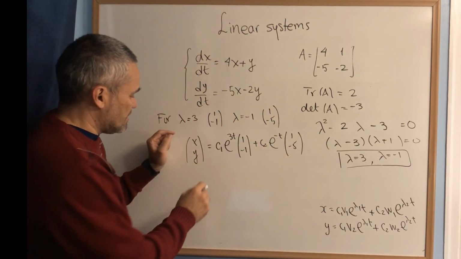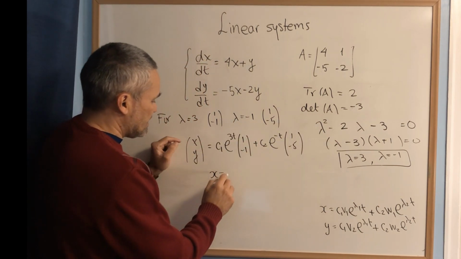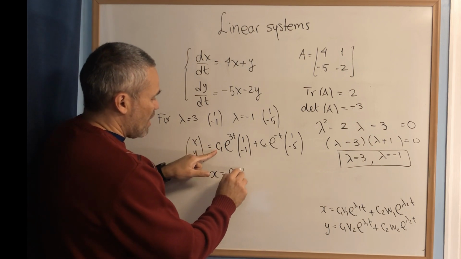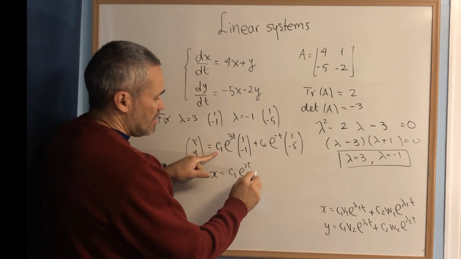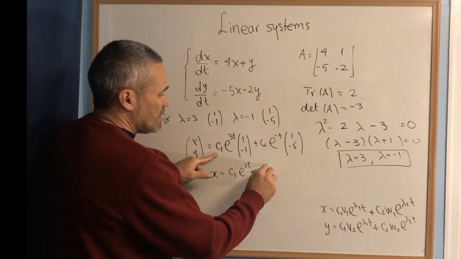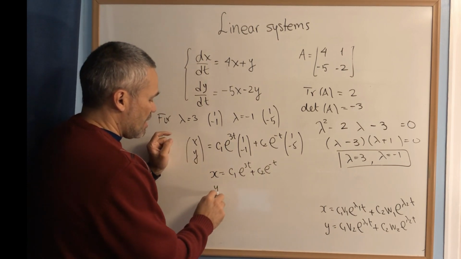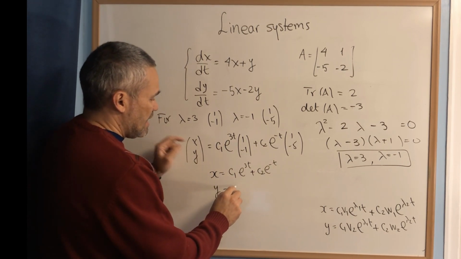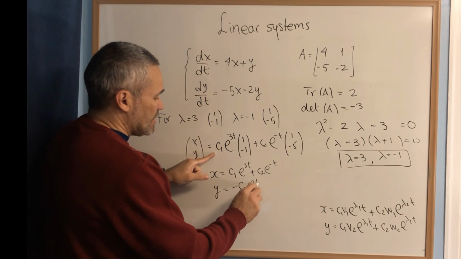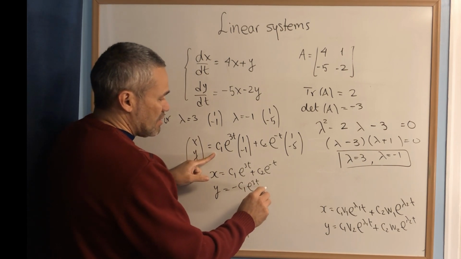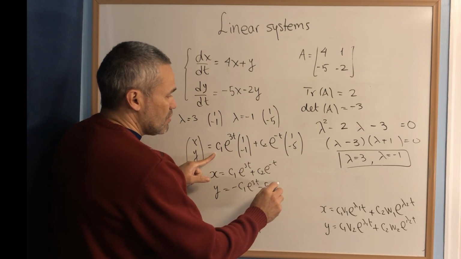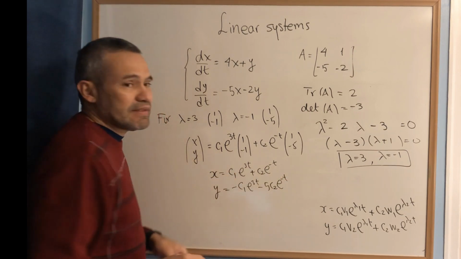And if I just decide to see what x would be, it's c1 e to the 3t plus c2 e to the -t, and y is -c1 e to the 3t minus 5c2 e to the -t.